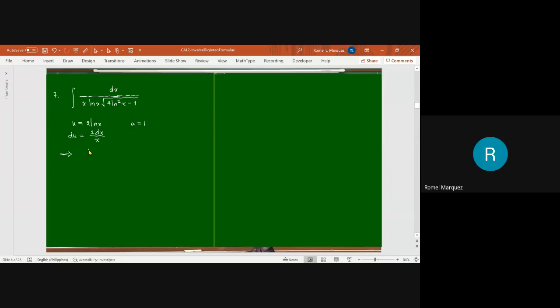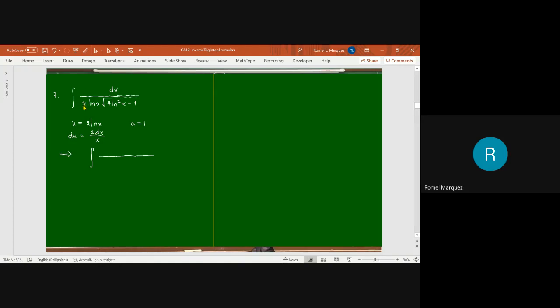We have two picks already. What do we need in the numerator to complete the du? 2 over x. But we already have x in the denominator.